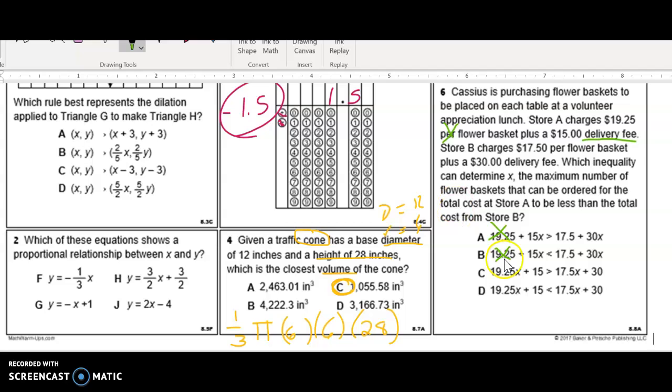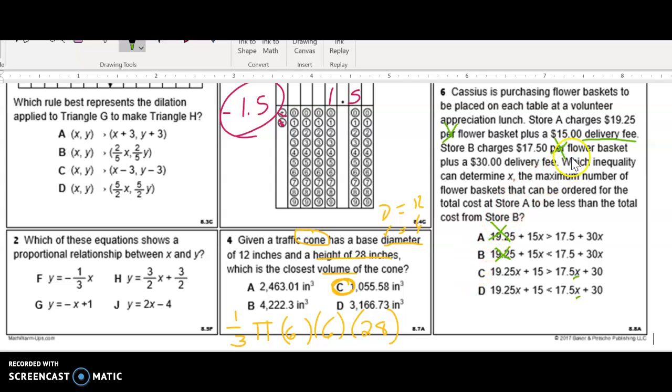Okay, so then store B charges $17.50 per flower basket and a $3 delivery fee. Again, we're looking for per basket, so per is X, and we have it here, and we have it here.